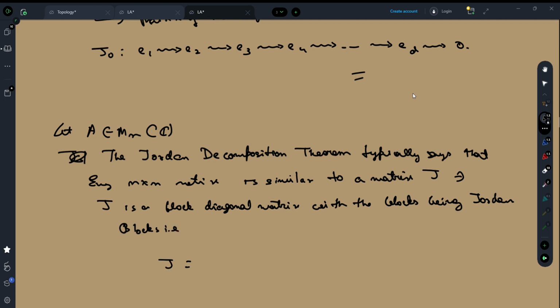That is, you can think of J as this block: say it's J1, J2, and so on till say some JL, where each Ji is a Jordan block associated with some eigenvalue lambda i.